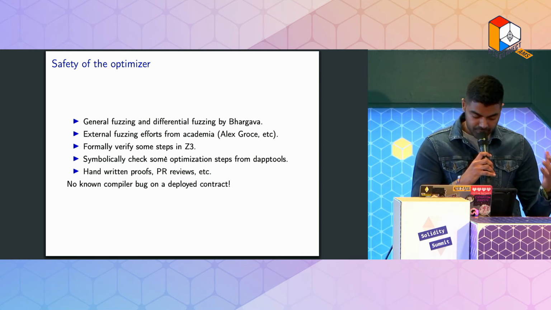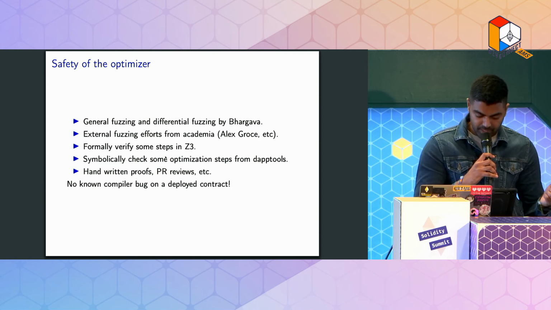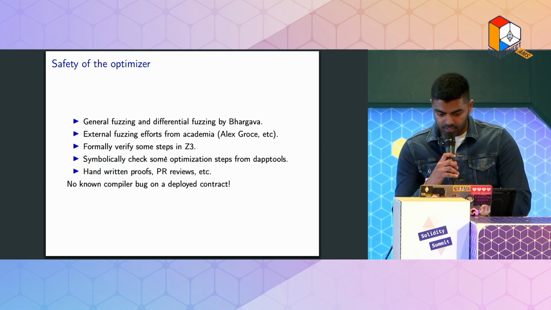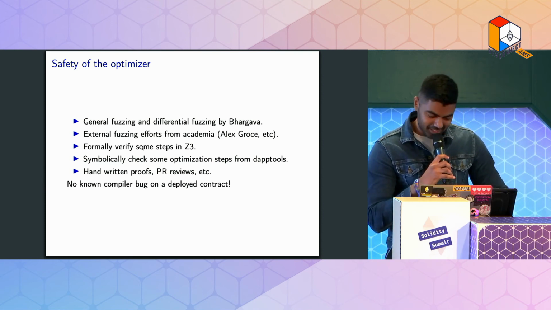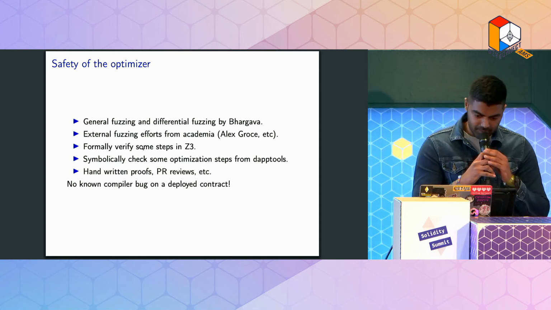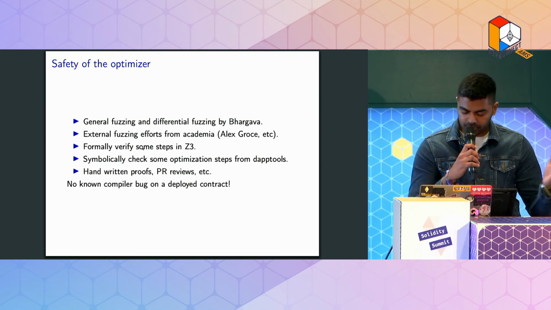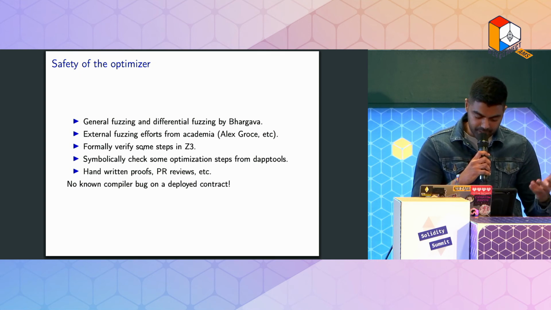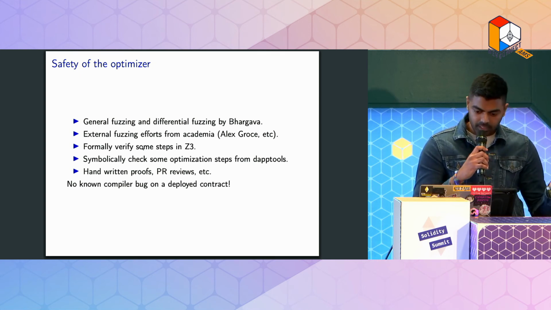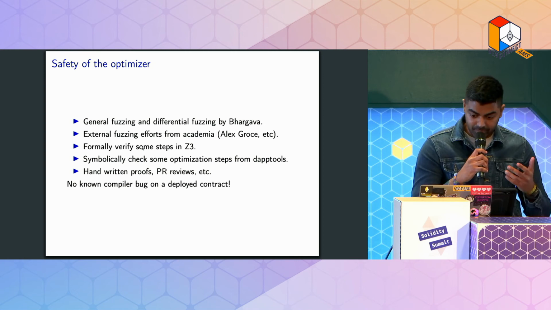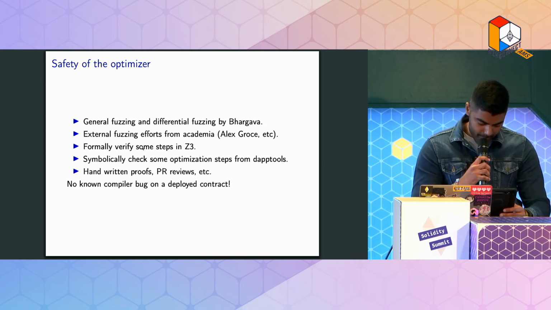We try to do that especially for steps that involve arithmetic operations. If you click on the link here, you could see how it's done. Of course, we also write handwritten proofs whenever possible, and follow regular engineering practices such as code reviews.